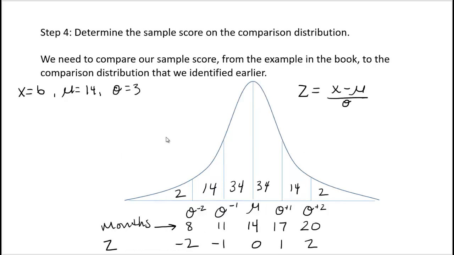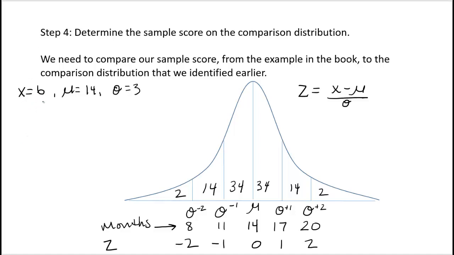In step 4, we're going to determine the sample's score on the comparison distribution. That means we need to compare our sample score from the example in the book to the comparison distribution that we identified earlier. Let me get my pen out, and we're going to do green. So, our baby's walking age is 6 months.